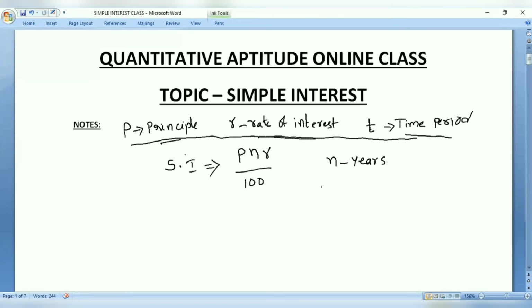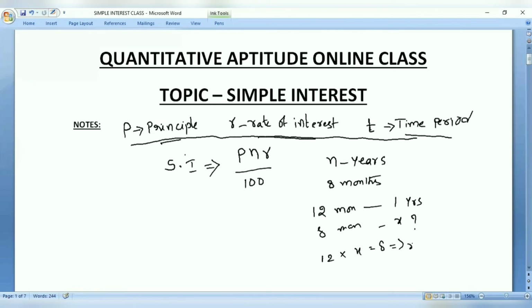For example, if I want to invest an amount for 8 months, how do we solve this? Again, the logic is simple. If 12 months is equal to 1 year, 8 months means how many years? Again, cross multiplication. 12 into x is equal to 8.